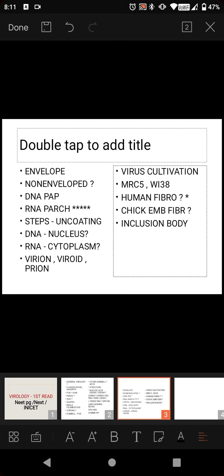Bollinger is fowl pox, and molluscum is molluscum contagiosum.